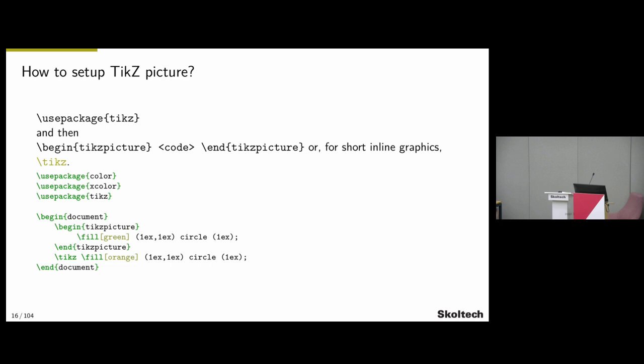And inside this picture we have a green circle, as you can see, and additionally we have an orange circle as part of inline graphics. Also, to use TeX graphics, we need to include the package in our environment. To work with colors, we need color and xcolor. And later we will have some other additional packages that are needed for TeX graphics.